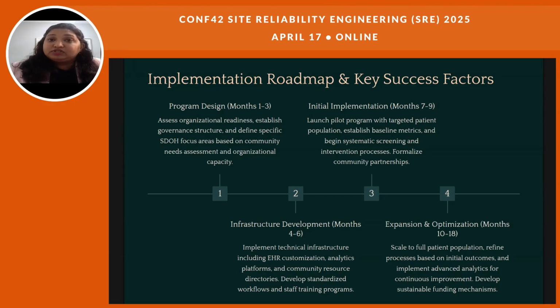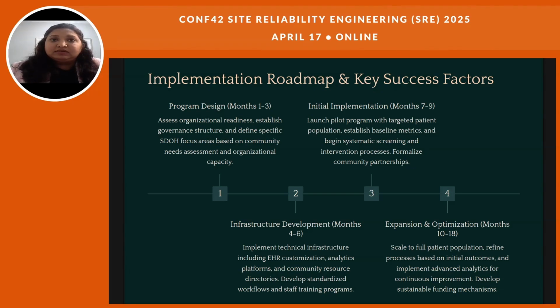Next comes expansion and optimization in the following months. Scale to full patient population, refining the processes based on initial outcomes and implementing advanced analytics that we just went through for continuous improvement, and also developing sustainable funding mechanisms.